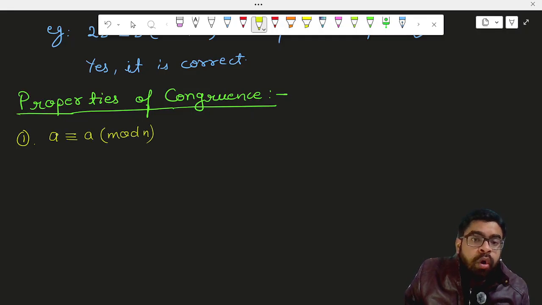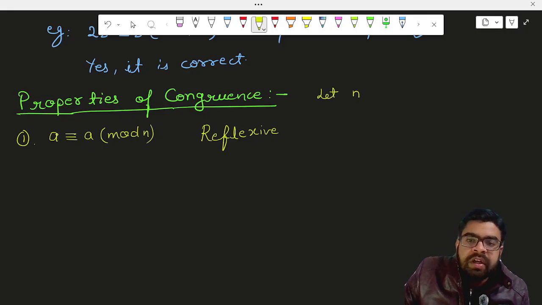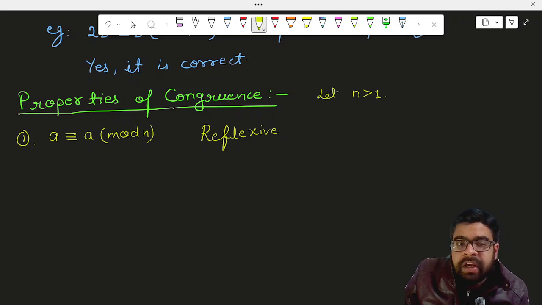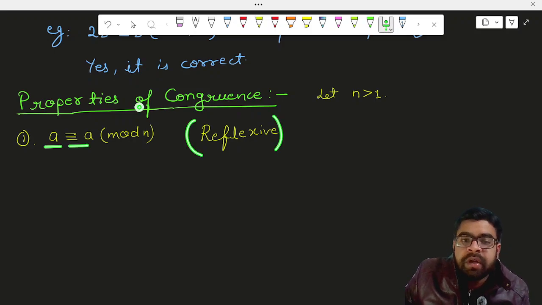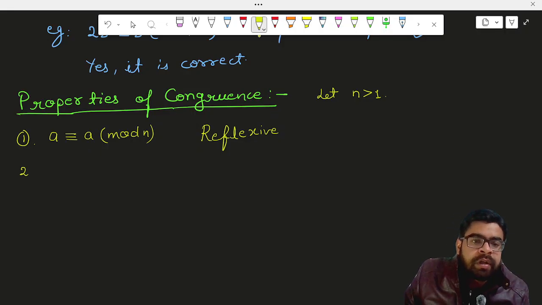Basically it is always true. If it is true, then this property is called the reflexive property. Suppose n is greater than 1, then a congruent a modulo n is always possible, and this property is called the reflexive property.